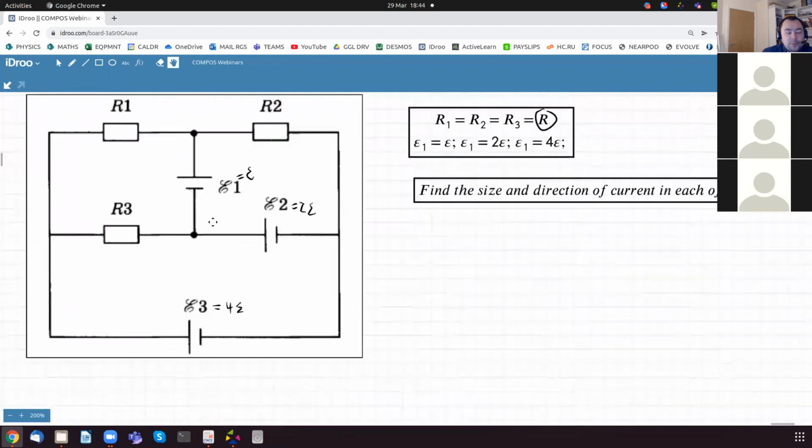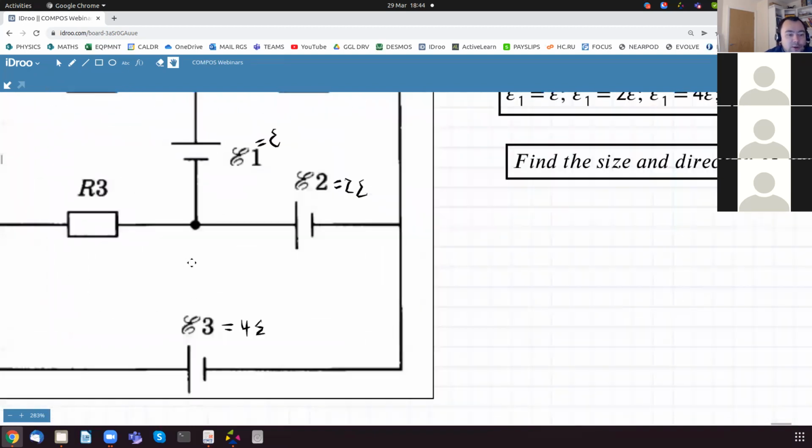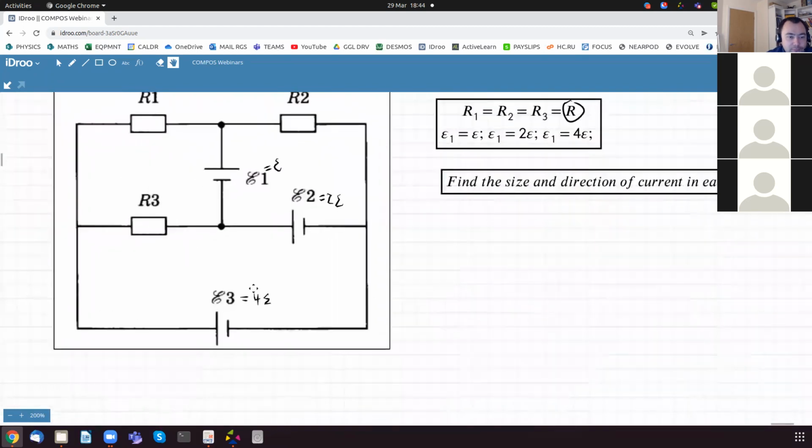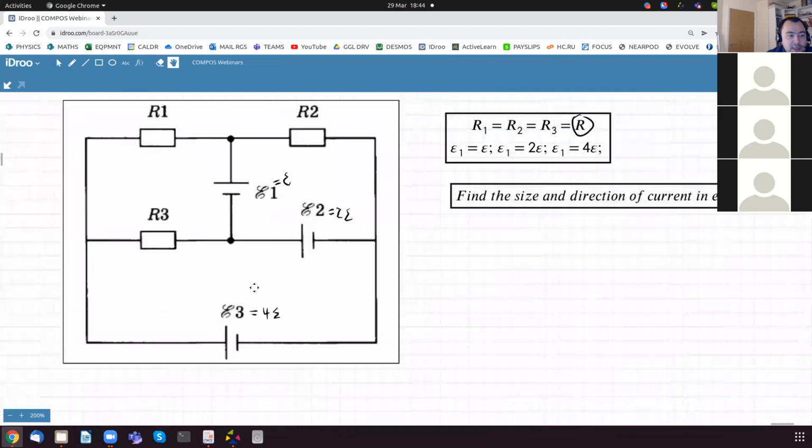Okay, so what can we do here? Well, we need some currents. We need to write down the currents, and well, you need the current in each of the branches. So what are you going to do about it? Now this is, let's call this I1.